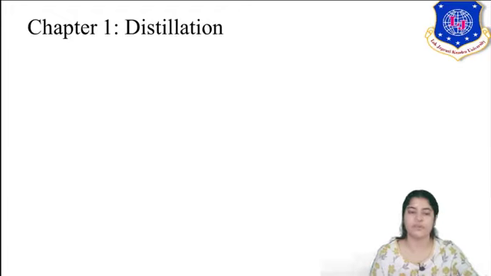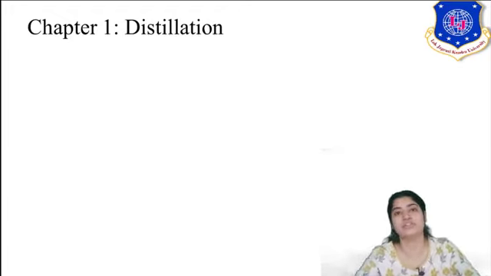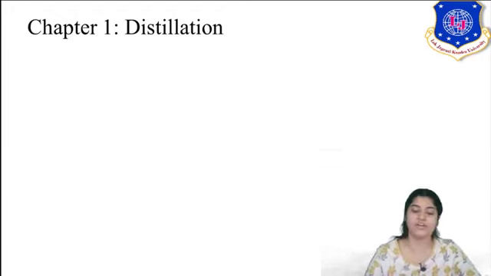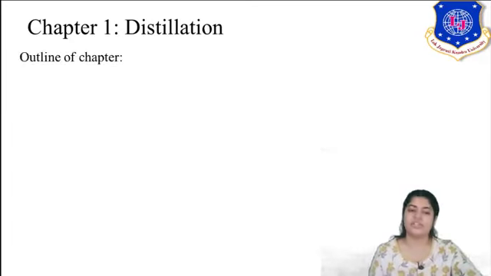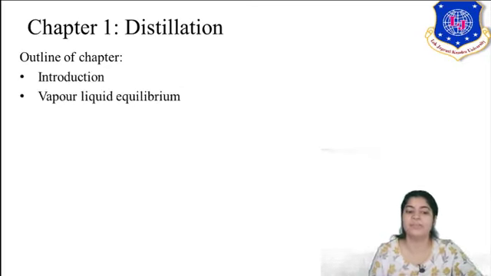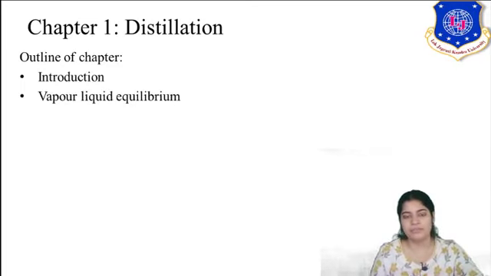Now, moving forward, what is distillation? That is the first question that must arise in mind. As the first chapter we are going to start is distillation, let's have an introduction to it. In this chapter, the outline is: introduction, then vapor liquid equilibrium, where you will study how the liquid phase composition and vapor phase composition change.